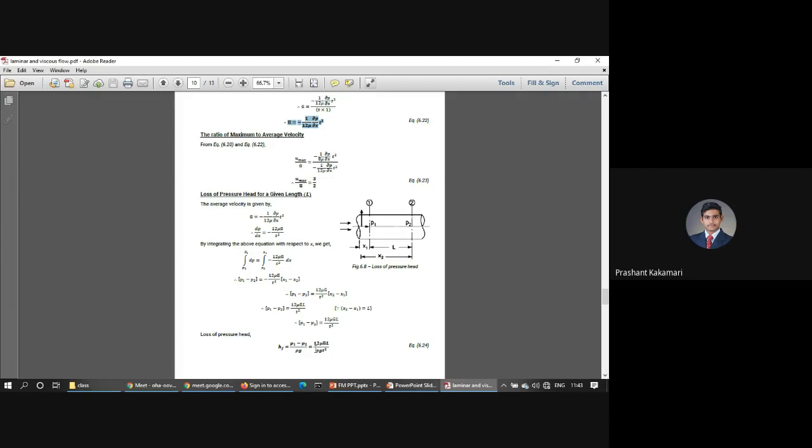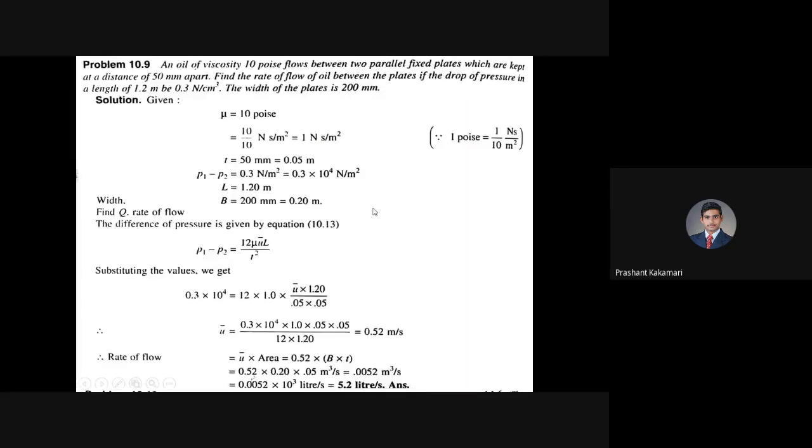P1 minus P2, dp, equals 12 mu into U bar into L. L is dx. Whatever is written here in the numerator is same as here, divided by t square. Both equations are same. And the average velocity, whatever you find out from these two equations, should also be 0.52 meter per second.